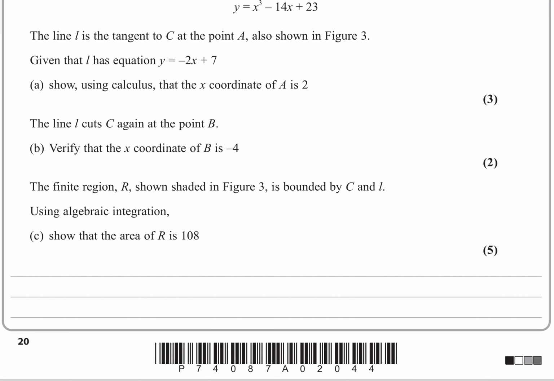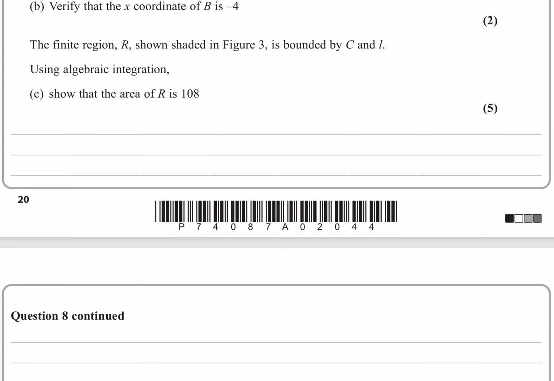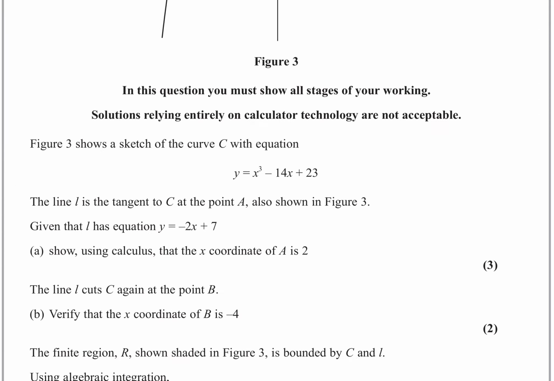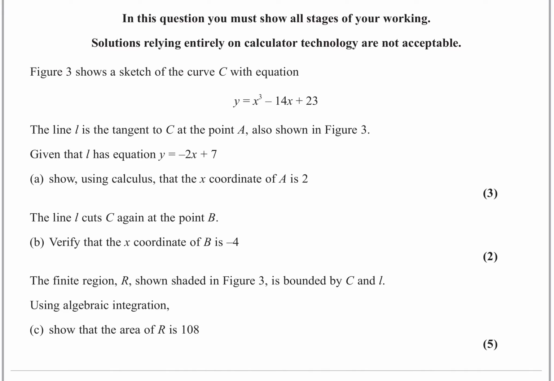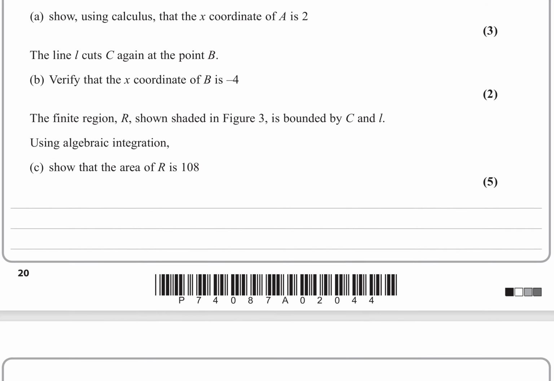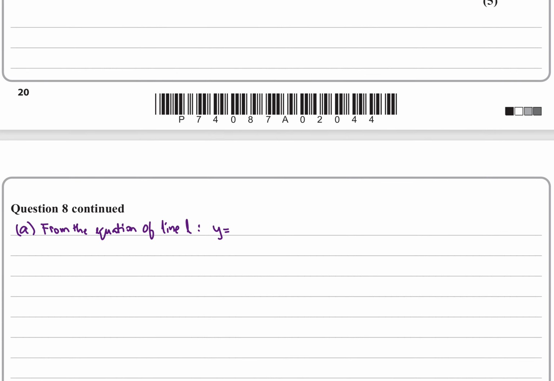So for part A, from the equation of line L, we are given y is equal to -2x plus 7.